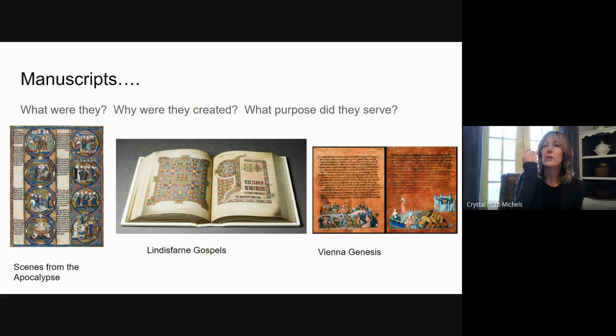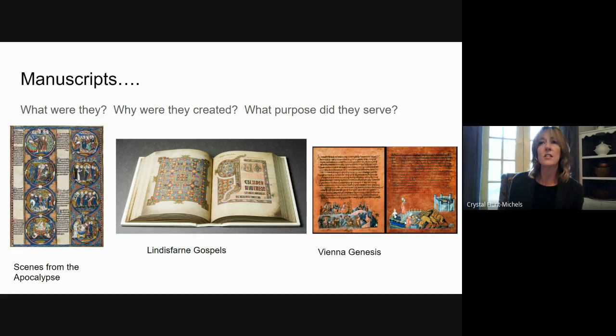Remember that the majority of common people were illiterate, so not only could only certain people create these manuscripts, but also only certain people could read them. And that's why these manuscripts are so filled with visual imagery and illustration, because a lot of the stories being told are depicted pictorially.